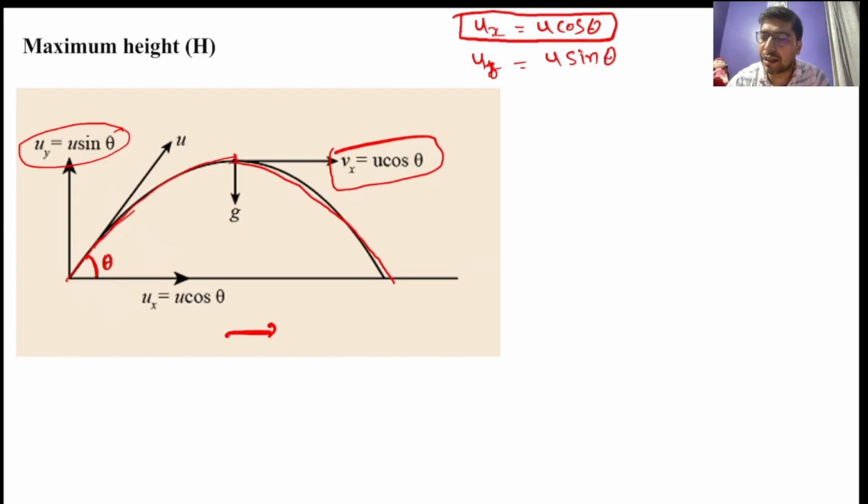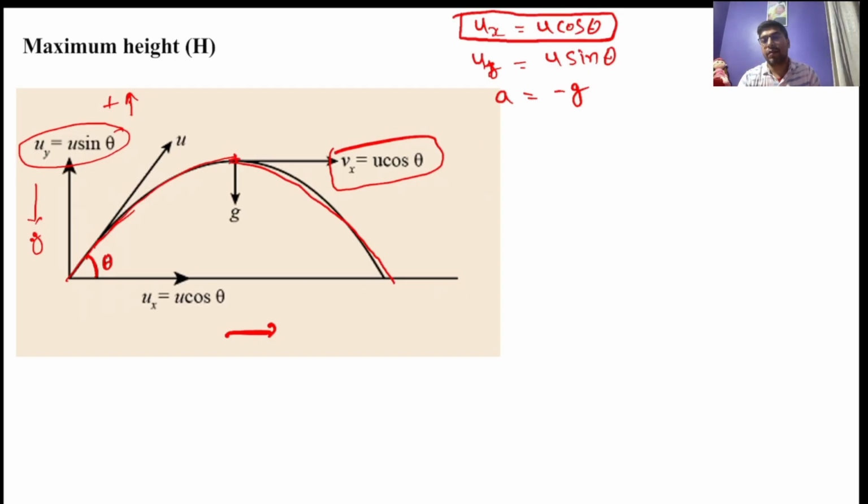And this u sin theta we consider as positive, and in which direction is it? Upward. And if we talk about acceleration due to gravity, in which direction is it? Downward. So if upward is positive, downward will be negative. So a will be what? Minus g. Clear?